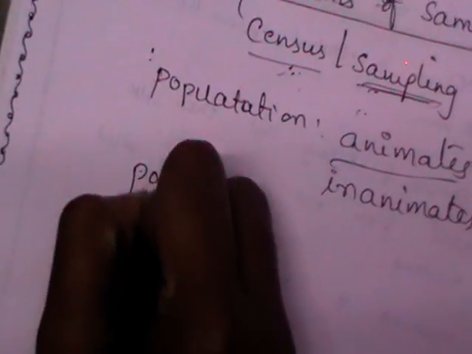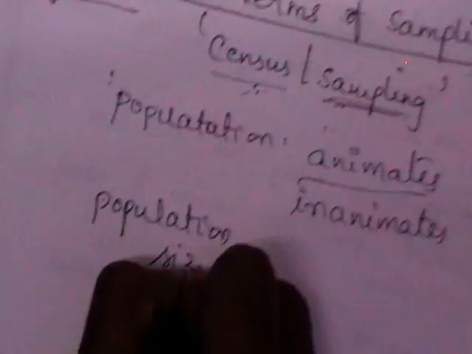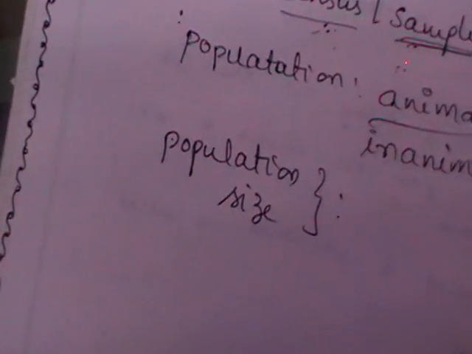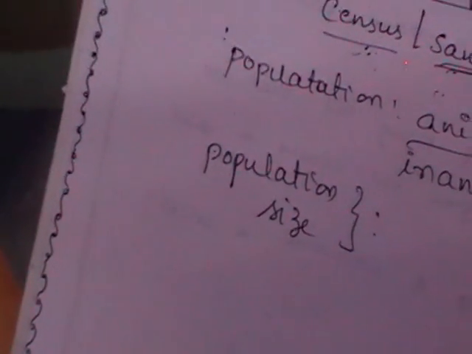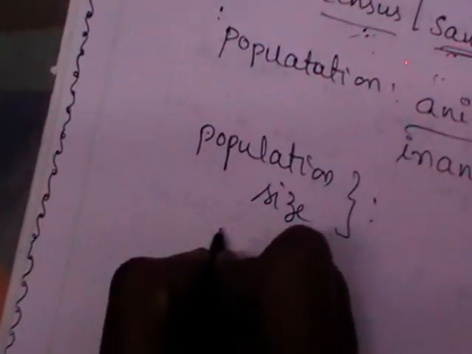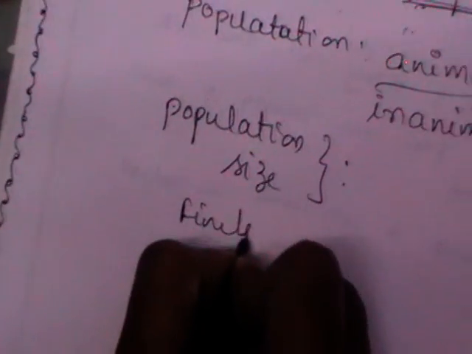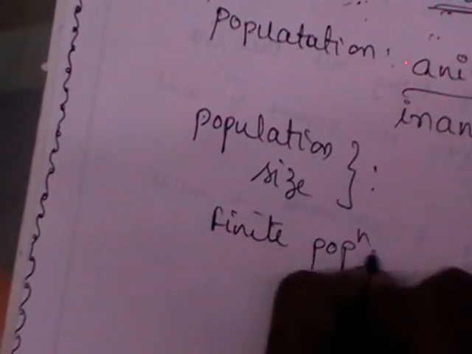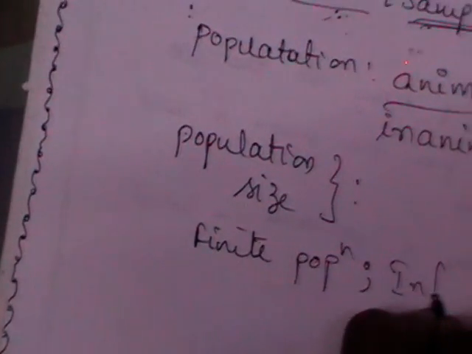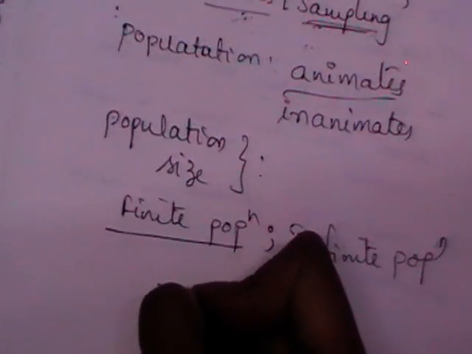The next term which we define is population size. Population size is the number of units in a particular population. We have two types of population called finite population and infinite population. What do I mean by finite population? A finite population is one where the size of the population is countable.